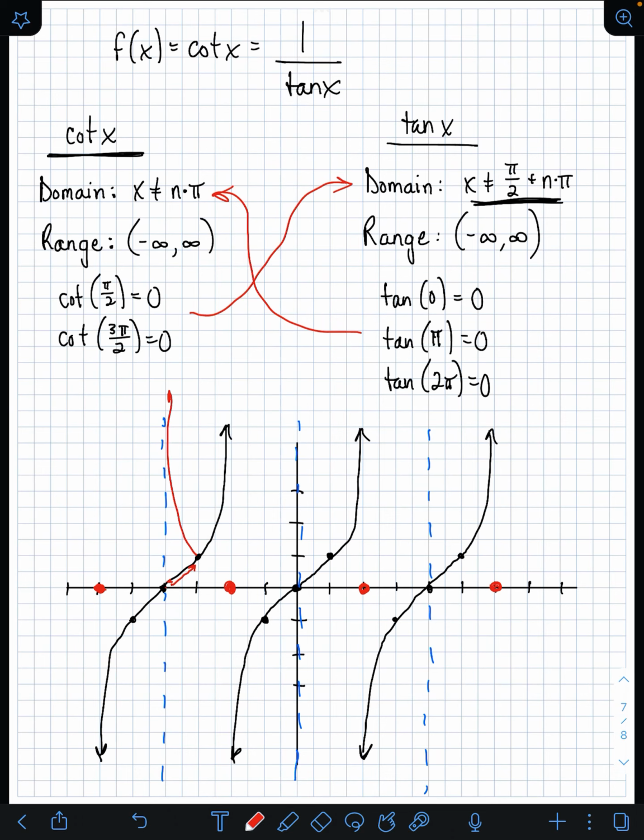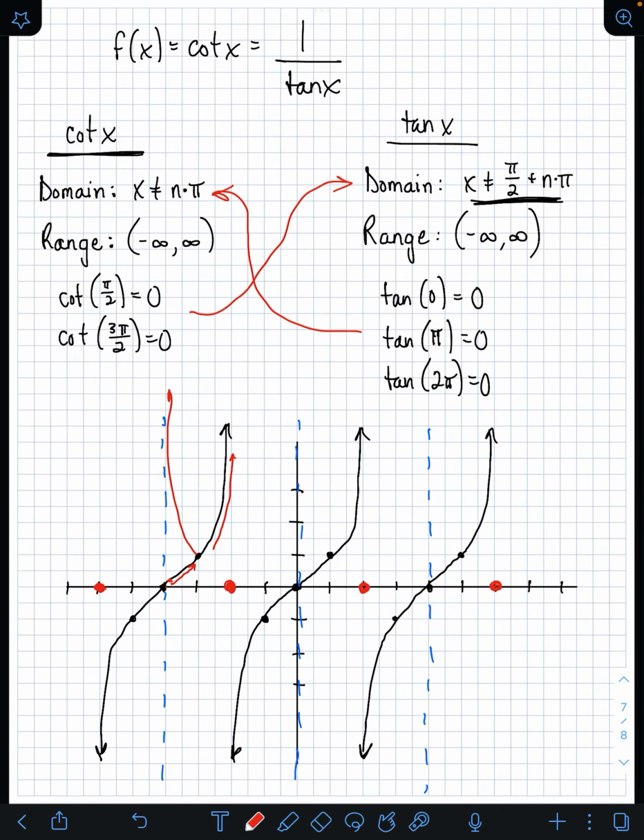But from there, tangent extends upward forever, which means cotangent has to come down towards 0. On the other side, we have tangent being as largely negative as you can imagine, which means cotangent is very slightly negative. But as tangent comes up towards negative 1, cotangent has to drop towards negative 1.